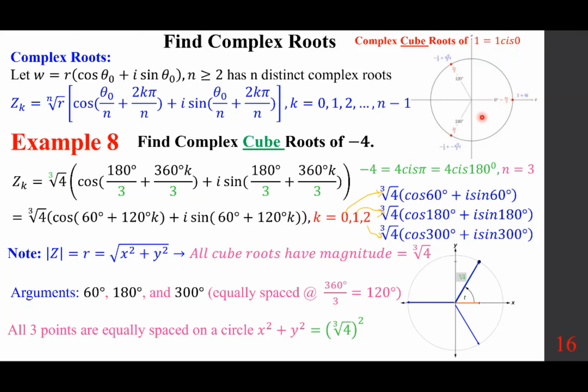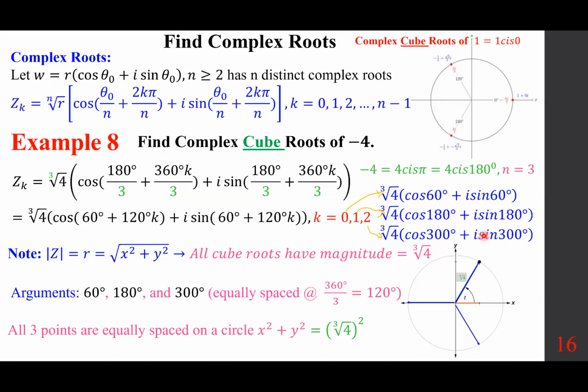Okay, it's the unit circle in essence. And those are negative 1/2 plus square root of 3 over 2 i, and negative 1/2 minus square root of 3 over 2 i. It's hard to see that, but they are spaced again at the same 120 degrees, but it starts at 0. This one starts at 60 degrees because it was negative, but the spacing of 120 degrees is the same for both.